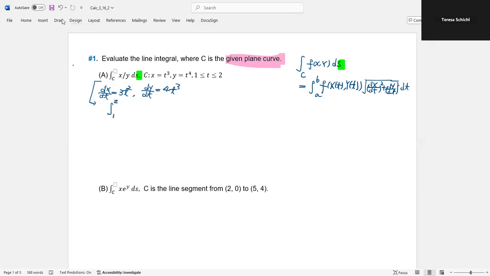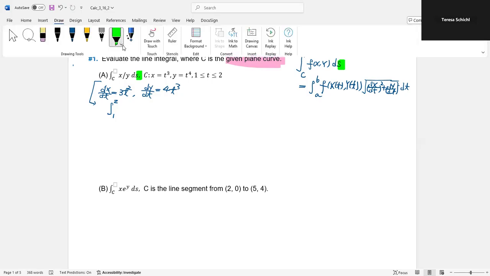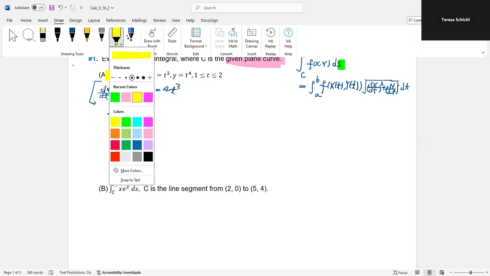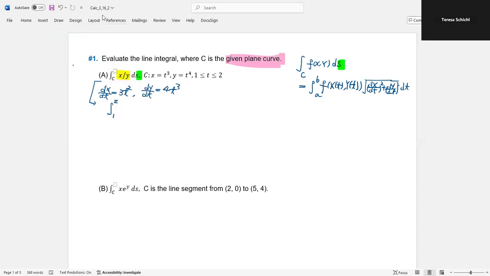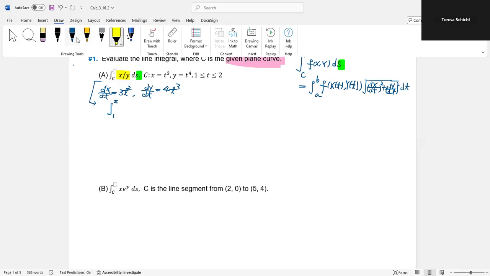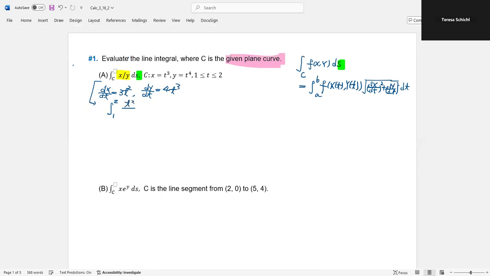Then I replace the function f of x, y by my parametric equations. So x is t cubed, and this is t cubed over t to the 4th. Then times the square root of 3t squared, squared, plus 4t cubed, squared.